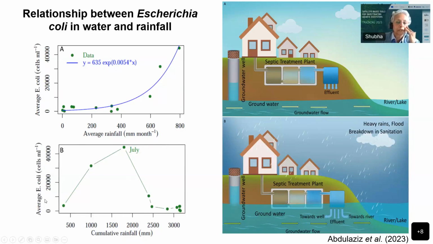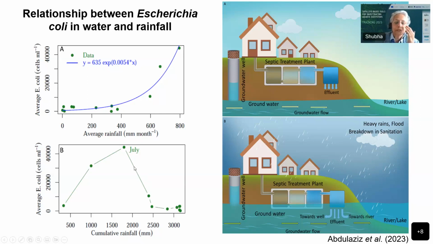Then when we looked at the cumulative rainfall against the cell concentrations in the water, we found that the peak appeared in July. These are data collected in the same year as the floods, and the floods only occurred in August.